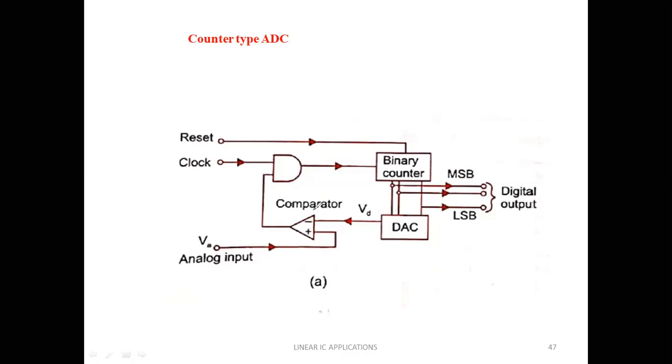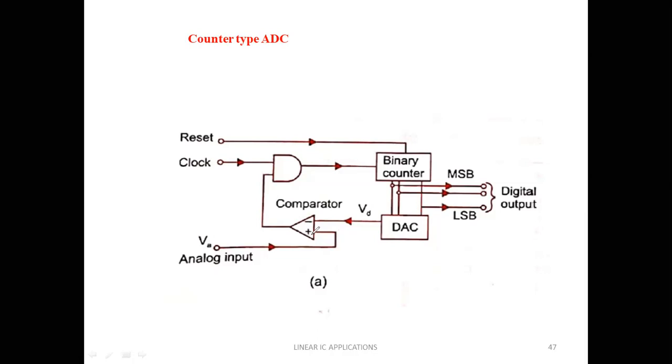As we know, the comparator output is either high or low. When the voltage at the non-invert terminal is more than the invert terminal voltage, it produces a high output.